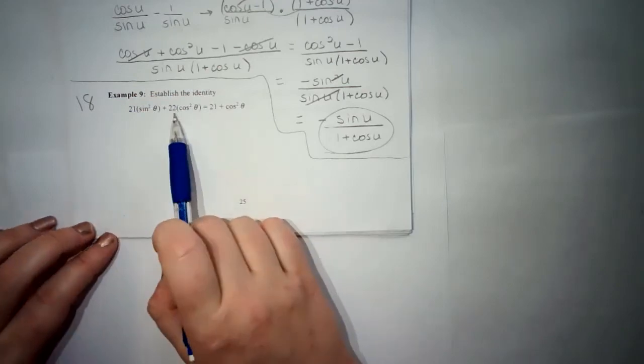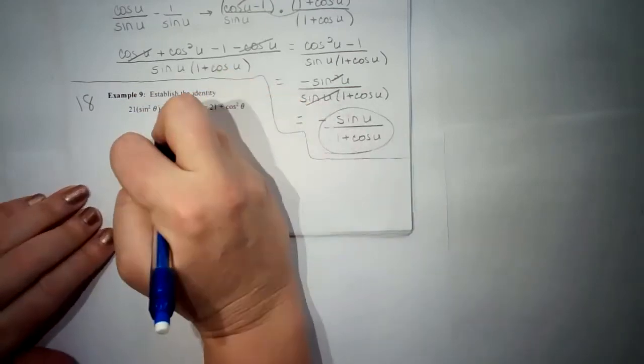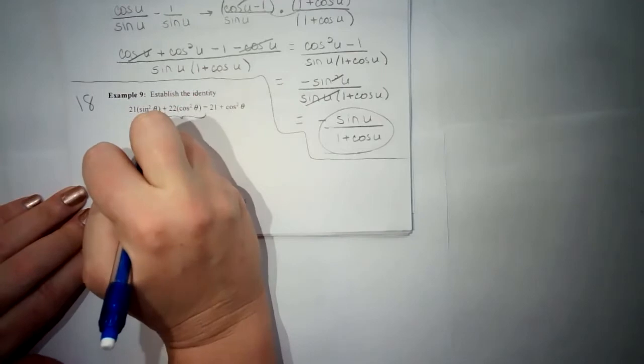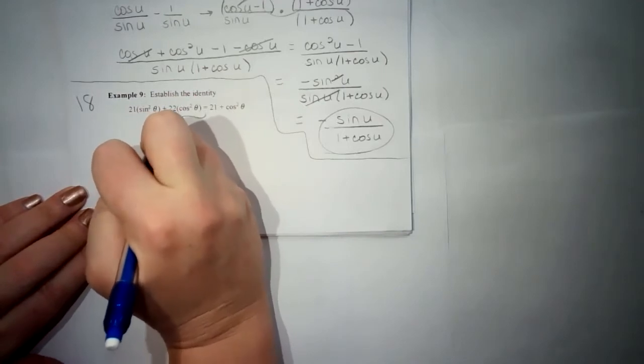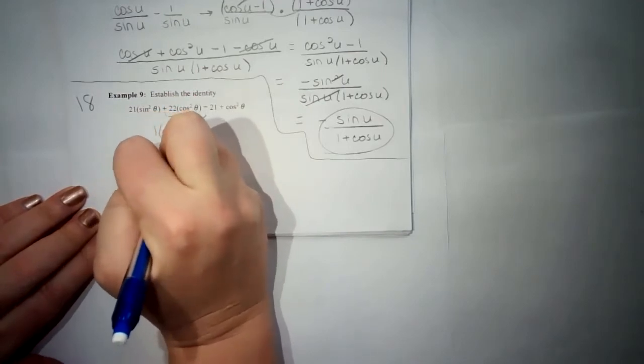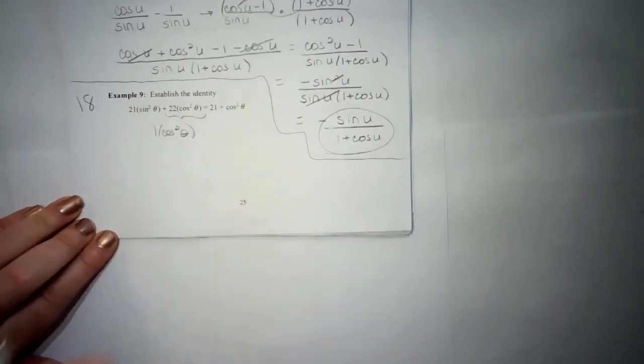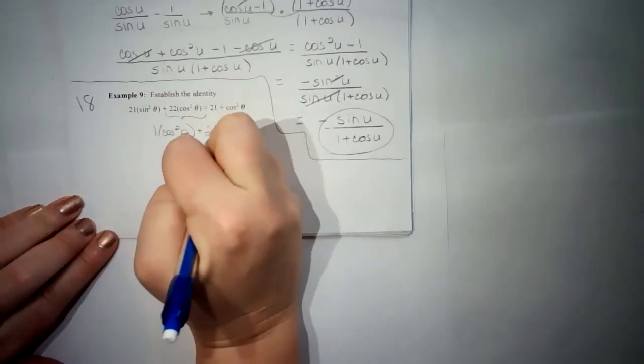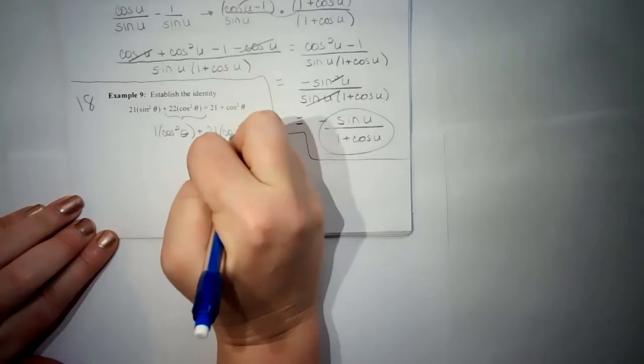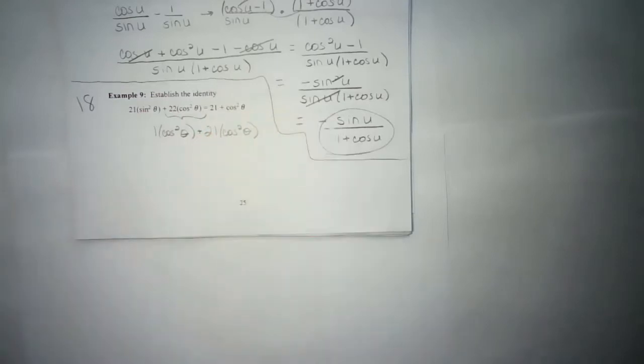So let's turn this guy into, what if we separate him and we have 1 times cosine squared theta plus 21 times cosine squared theta. What do we think about that?